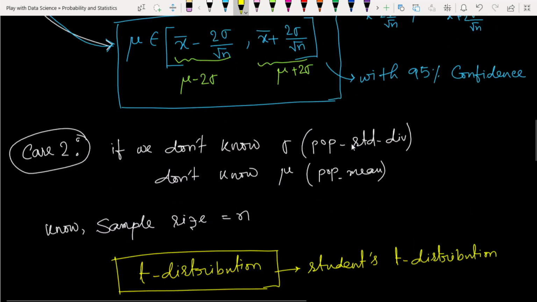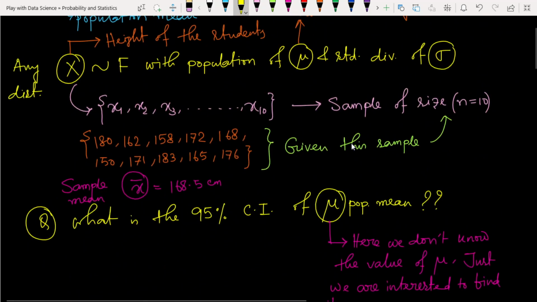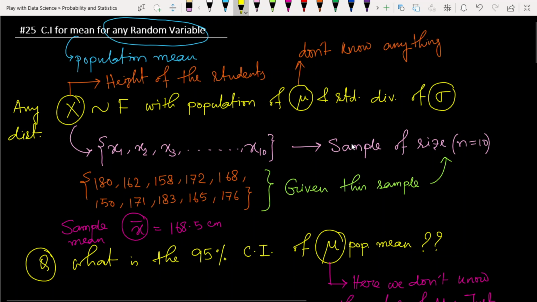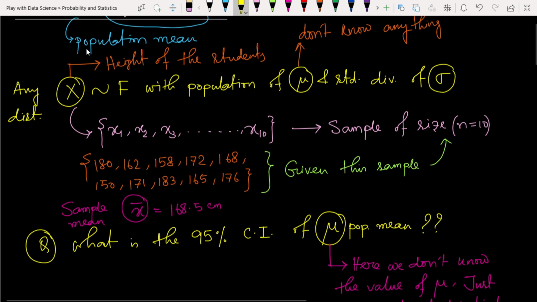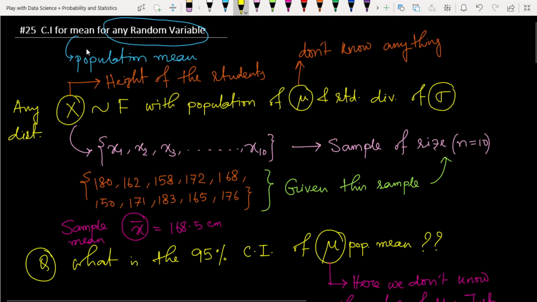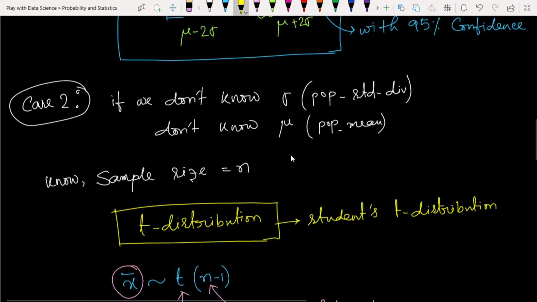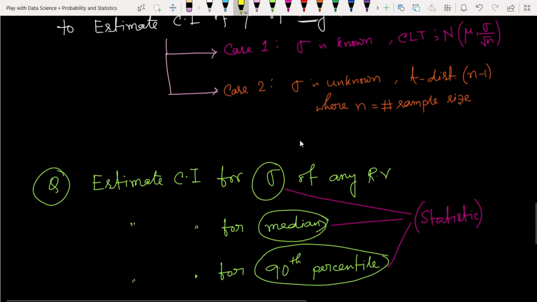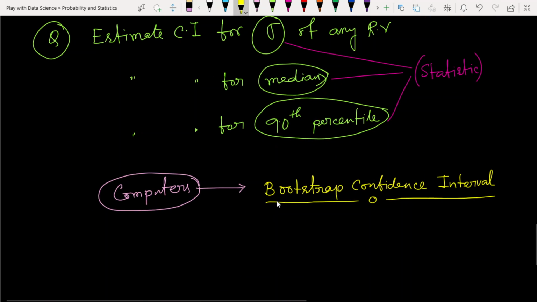I think from this lecture you got the idea of how to find the confidence interval of the population mean for any random variable. The idea behind this lecture is clear. We will see how to estimate the confidence interval of other statistical parameters by using the bootstrap confidence interval.